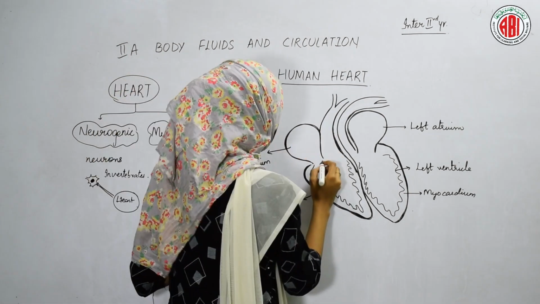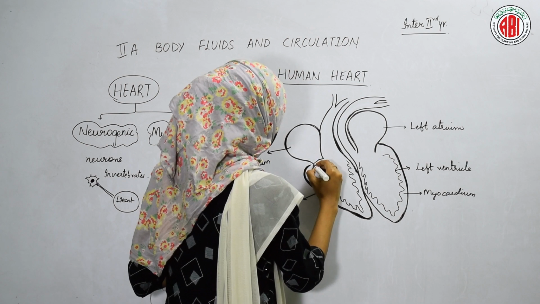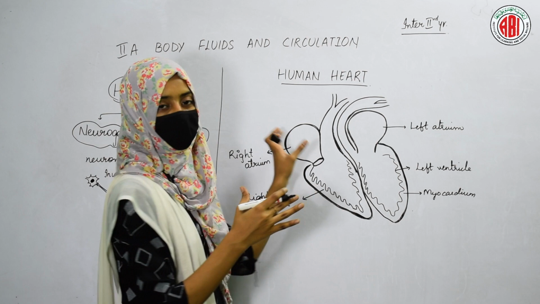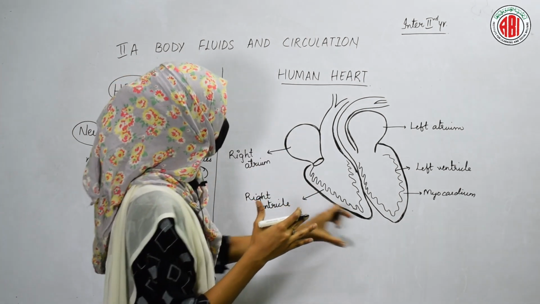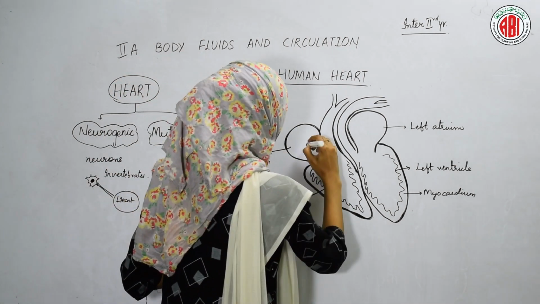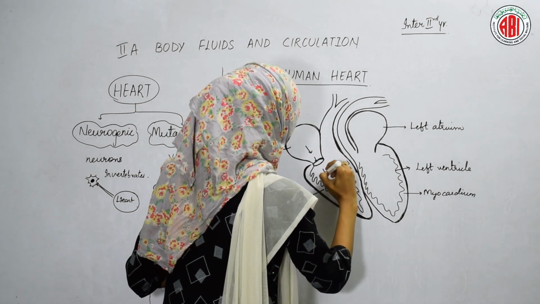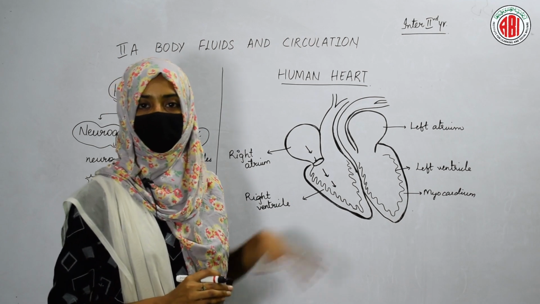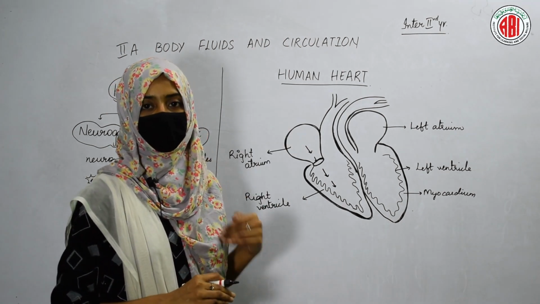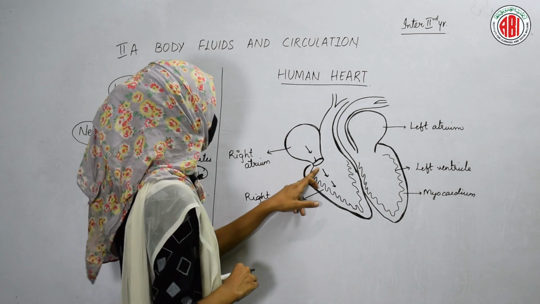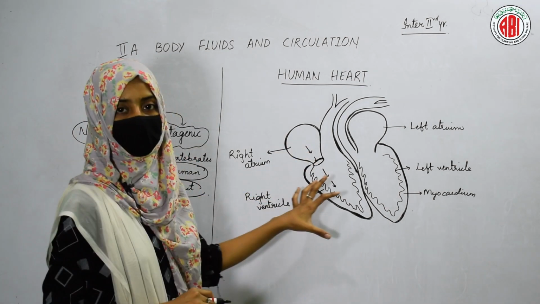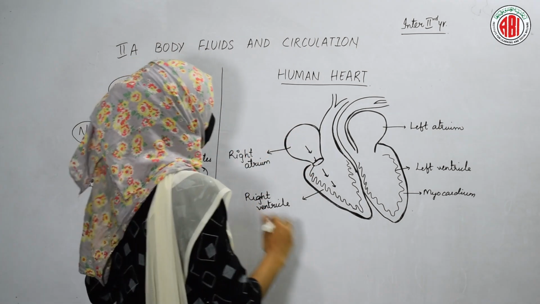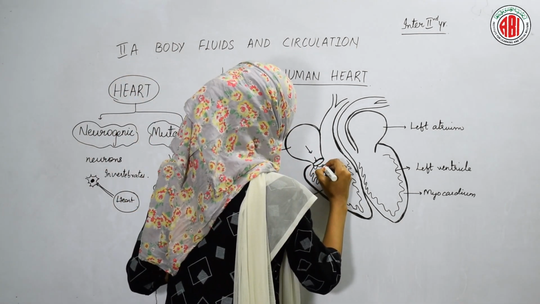From the atrium, the blood flows into the ventricles, right? Due to the contraction of the atrium, the blood present in the atrium goes down into the ventricles. Once the blood moves into the ventricles, it cannot flow back. Why can it not flow back into the atrium once it reaches the ventricle? Because here a valve is present in between the atrium and ventricle, which shows three door-like structures.